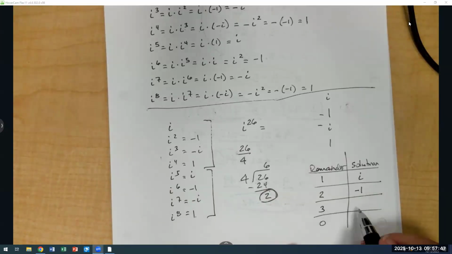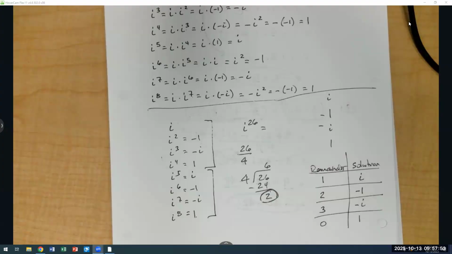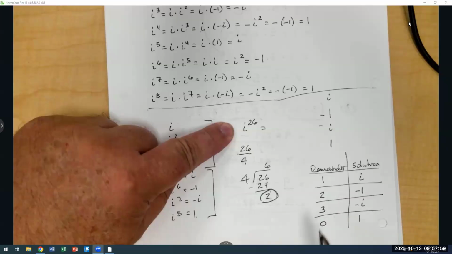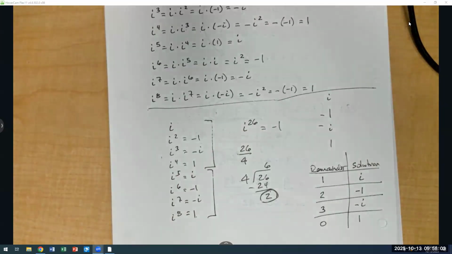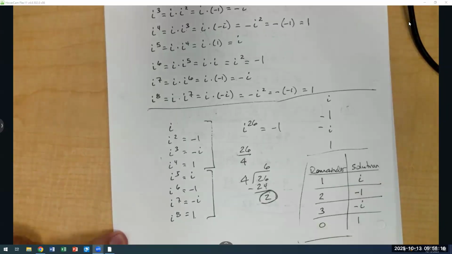If the remainder is 3, it's -i. If there isn't one, then it's 1. So i to the 26, since the remainder is 2, is the same thing as -1. So it all follows this pattern right here.